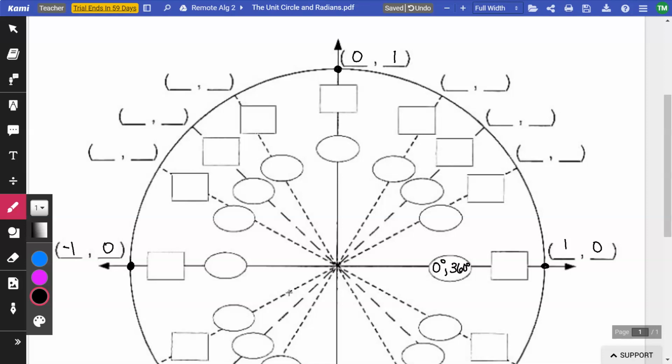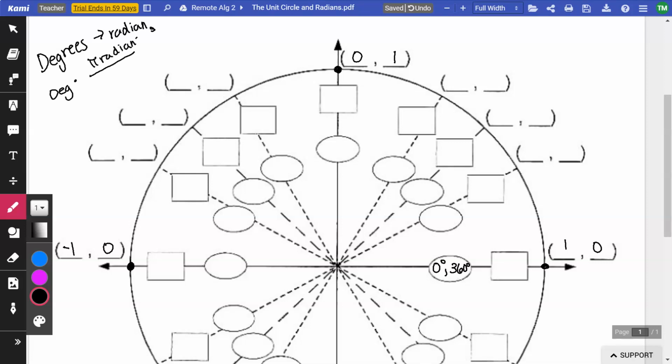So if we convert 0 degrees to radians, remember our conversion for degrees to radians: we take our degrees and we multiply them by pi radians over 180 degrees. So if I'm converting 0 degrees to radians, we're going to get 0 radians, right? Because isn't 0 degrees times anything just going to be 0?